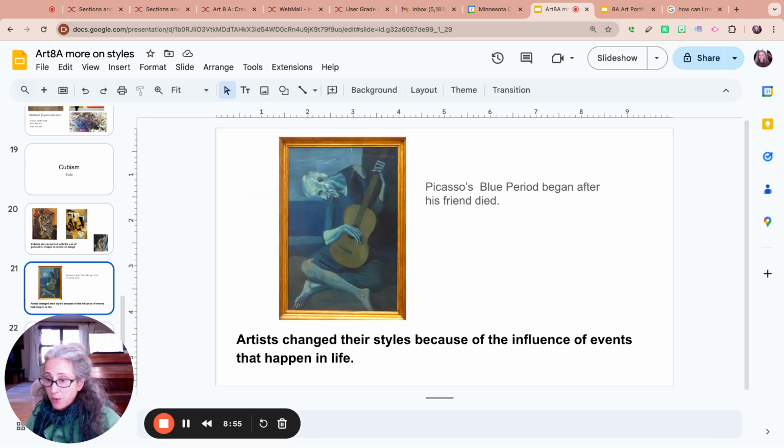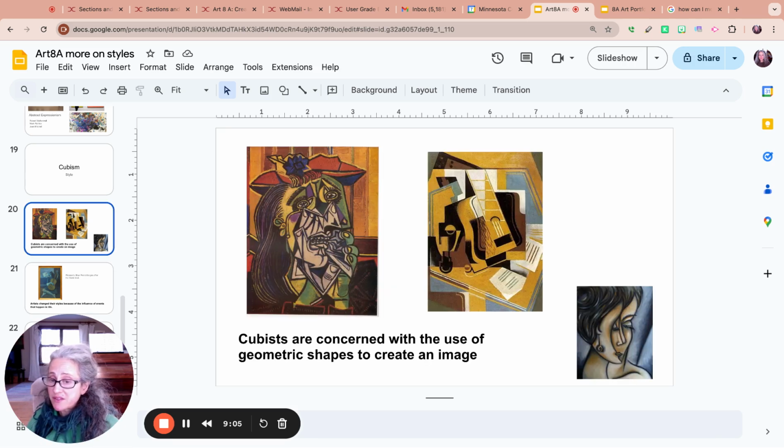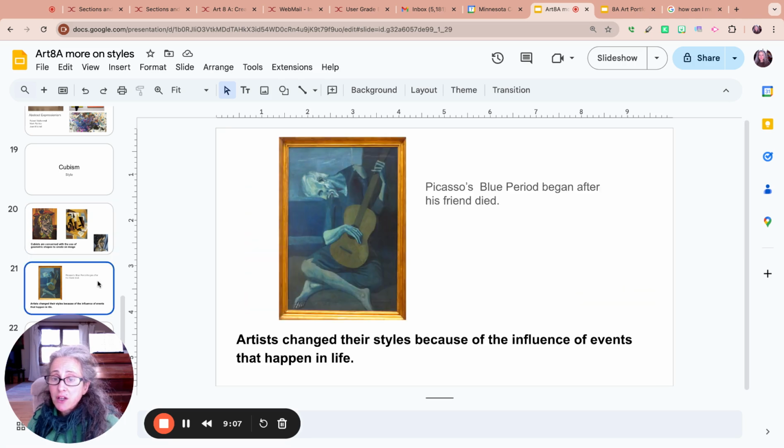But Picasso didn't always do Cubist art, and so you can see how artists can span different styles, change their style because of influences of events that happen in their life. So Picasso went through a blue period, which began after his friend died.